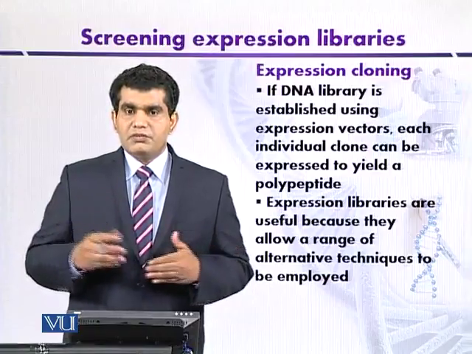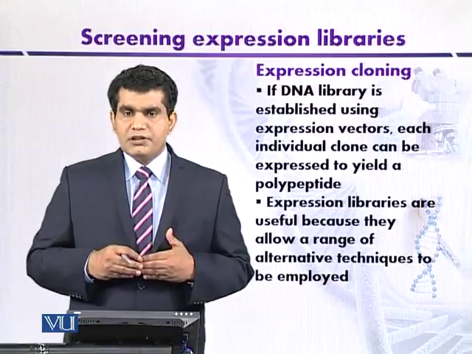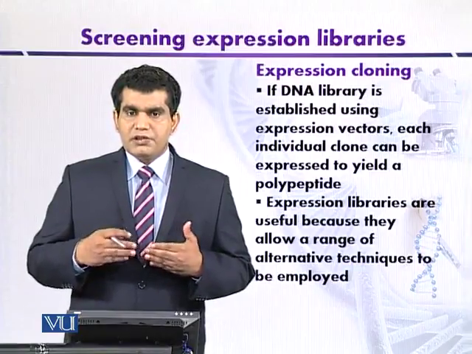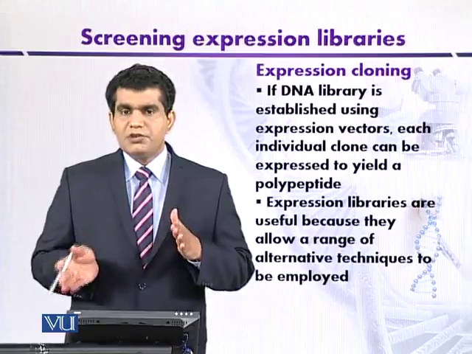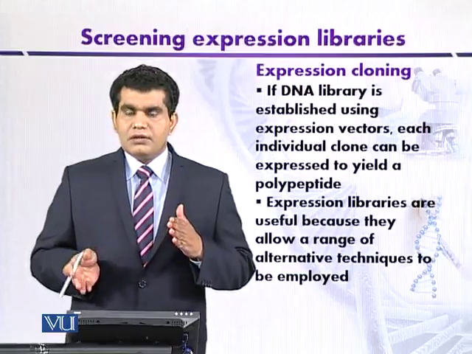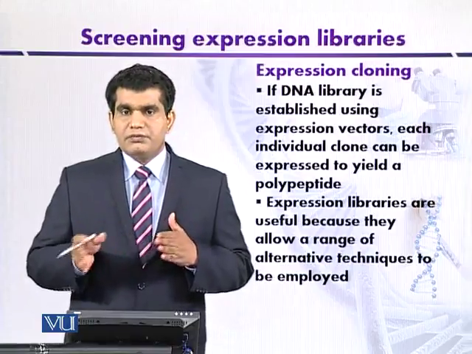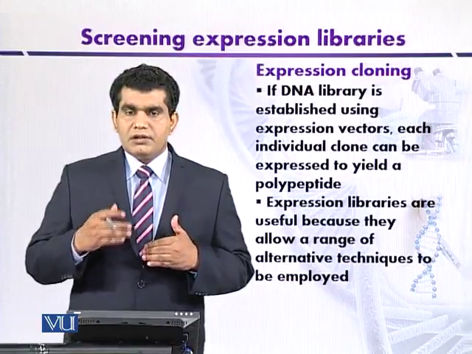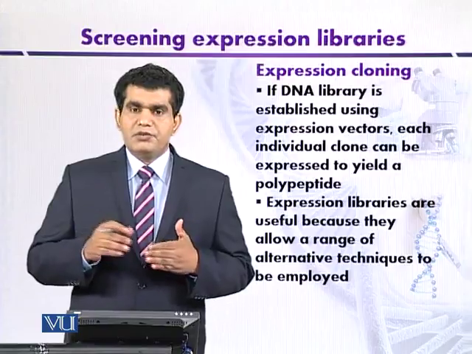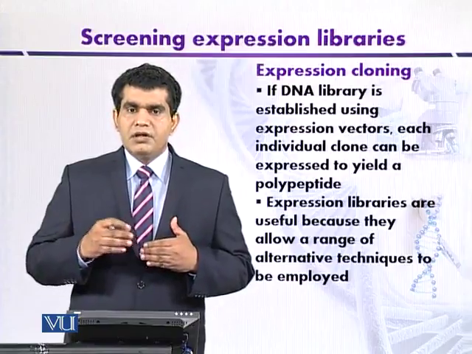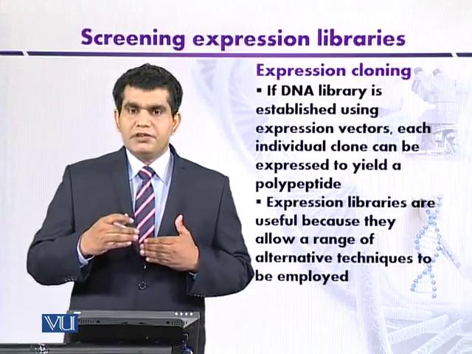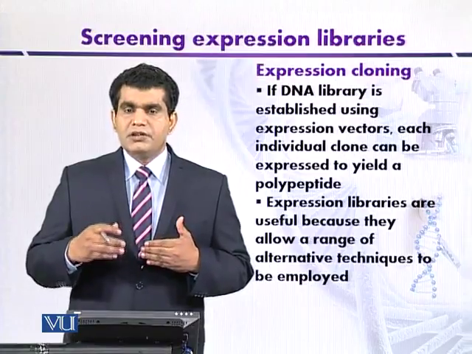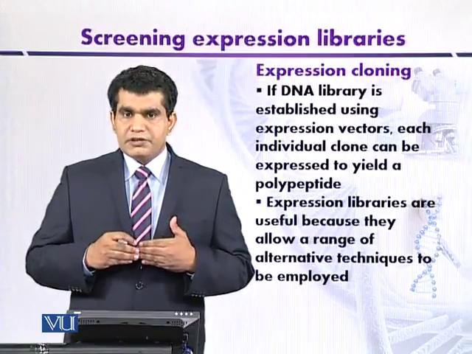So there is a disadvantage which can be overcome. The main disadvantage is that sometimes the termination sequences of neighboring genes may be present on the target gene as a result of random shearing or partial digestion, and the expression may be inefficient because of the presence of such termination sequences.